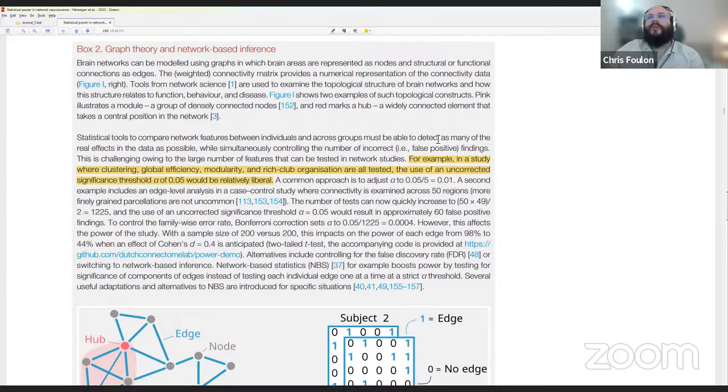But you have more and more studies that are looking at the clustering of the networks, the global efficiency, modularity, all these measures that describe the patterns of connectivity between regions in the brain.